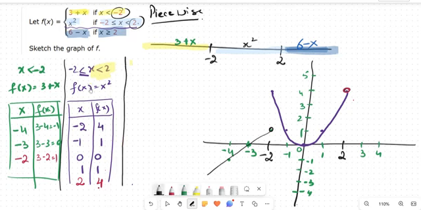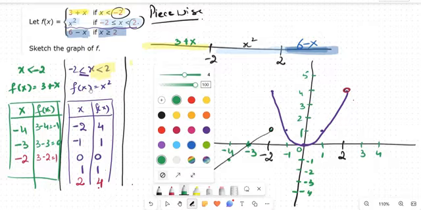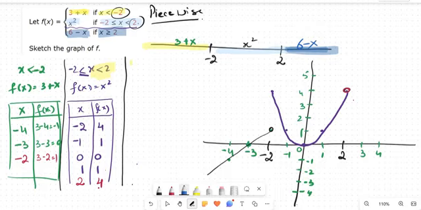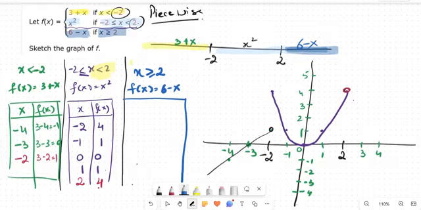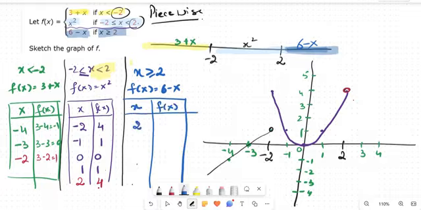Okay, now lastly, let's work on your last branch. When x is more than or equal to 2, f of x is equal to 6 minus x. So let's draw the table of those values. We start from 2 and we put 2 in the function. 6 minus 2 is 4.